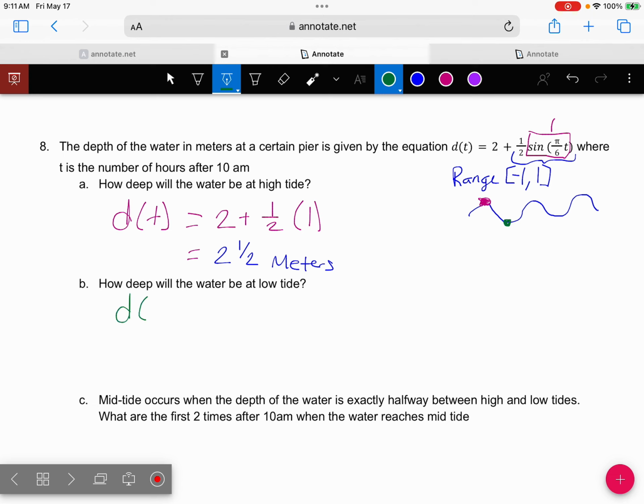The depth is given by our equation. Same, just like part A. 2 plus 1/2, and then the lowest my sine function can go is -1. So what is the absolute lowest that the water is going to be at this pier? 1.5 meters.